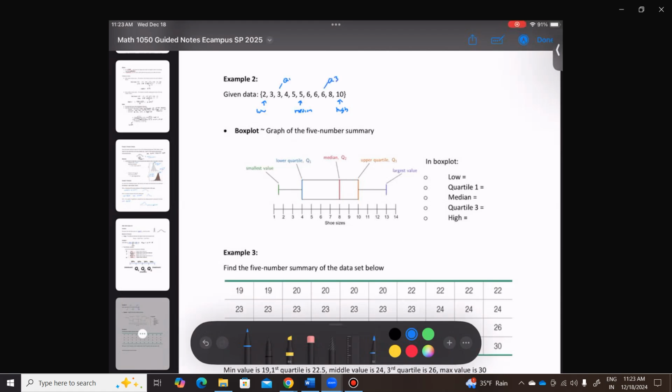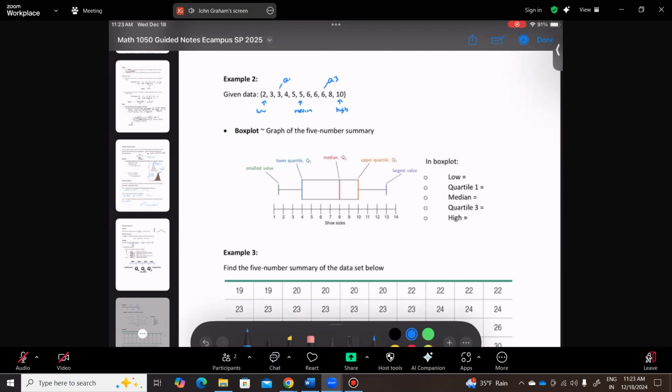And we can graph it into what's called a box plot, where you have a horizontal number line of all possible values. You put bars where the numbers are, including the median, and between quartile 1 and quartile 3 you connect the top of the bars.